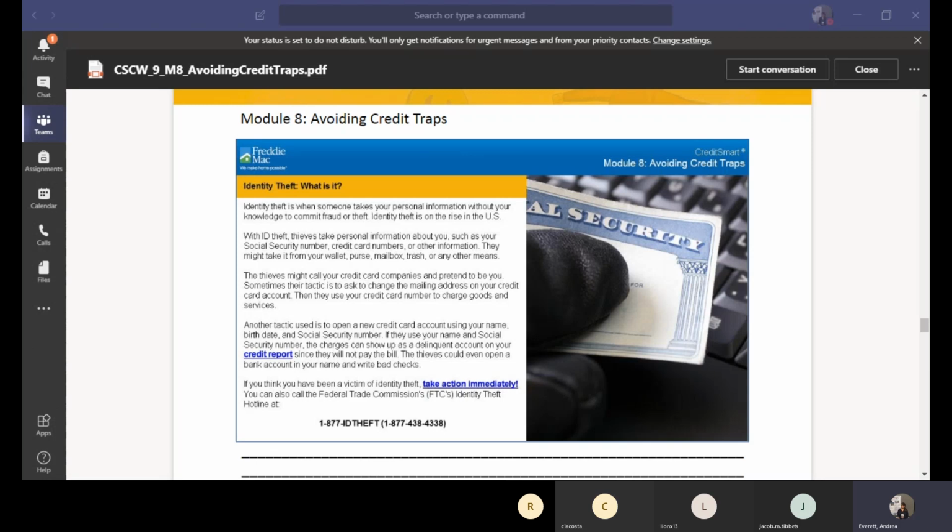And they use several tactics to obtain your information, such as calling your credit card companies, pretending to be you to change your mailing address, or opening a new credit card account, using your name, birth date, and social security number. If fraudulent transactions occur on your account, it does not automatically mean your identity was stolen. It may be an isolated incident of theft that can be quickly resolved.